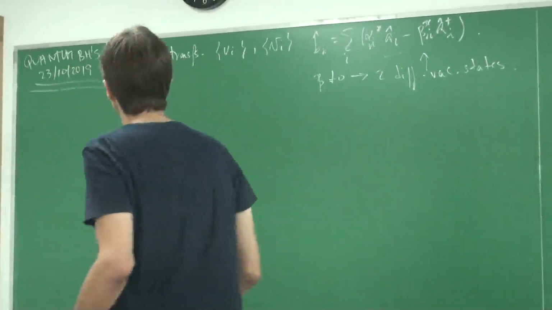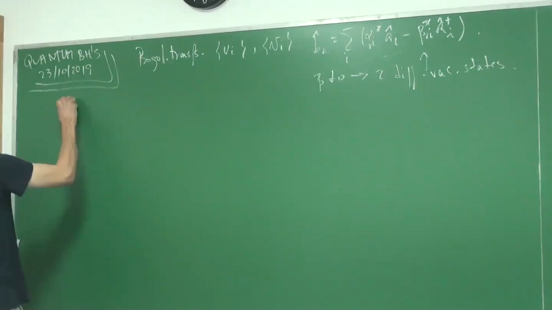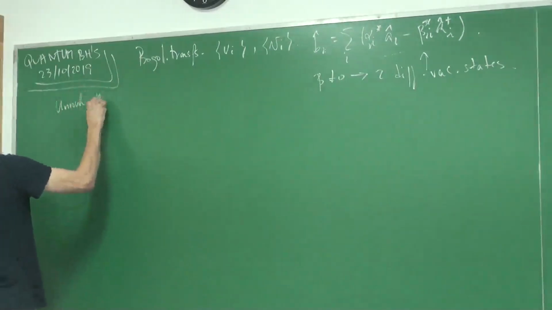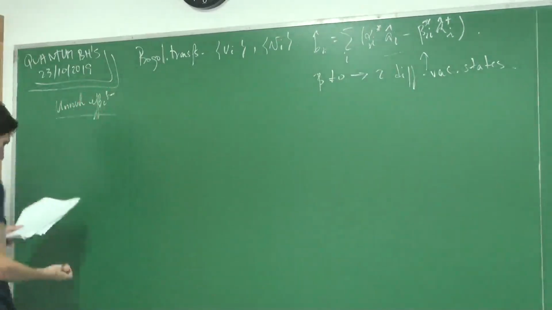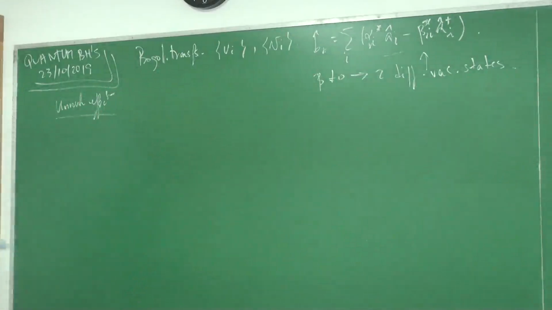So we started looking at the consequence of this, which is the Unruh effect. I didn't do the Penrose diagram yet.